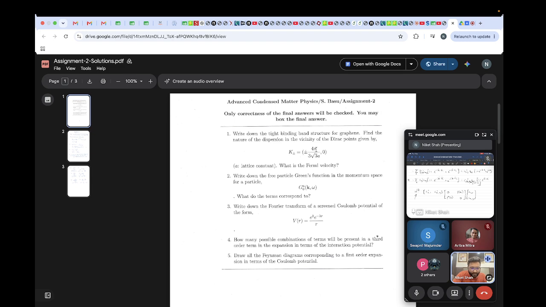So you get Dirac points at k plus and k minus, which are plus minus 4 pi by 3 root 3 a comma 0. So this is my k plus and k minus.